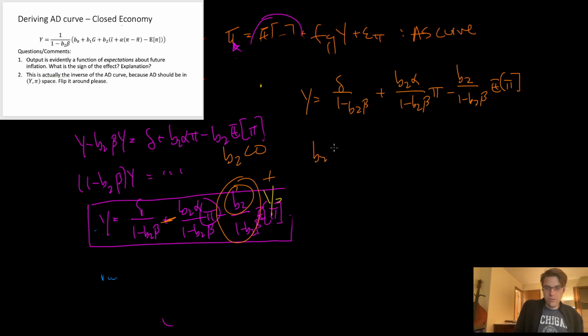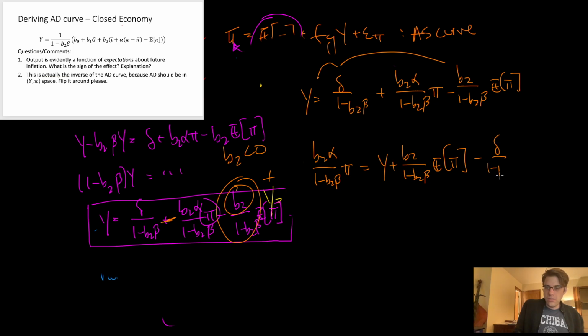So we'll have b2 alpha over 1 minus b2 beta pi is equal to, and then I'm going to subtract this over, and I'm going to subtract this over. So we'll have y plus b2 over 1 minus b2 beta expectation of pi, and then minus delta over 1 minus b2 beta. And now I just need to multiply by the inverse of this.